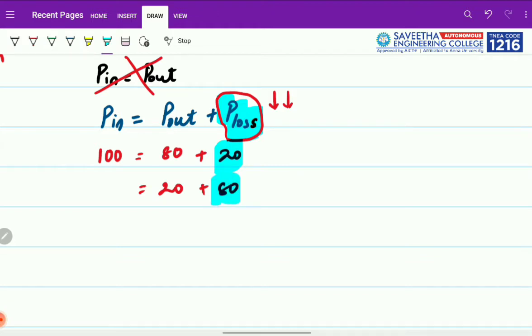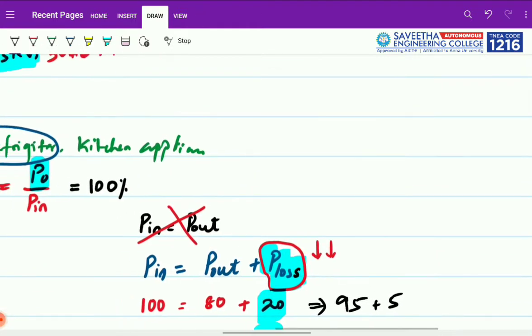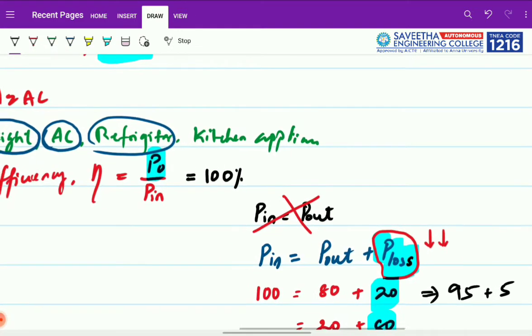So the lower loss is in the first case. Even better would be 95 plus 5, which means I am decreasing my losses very far. As much as possible I decrease the losses, the output power increases. When the output power increases, the efficiency increases.